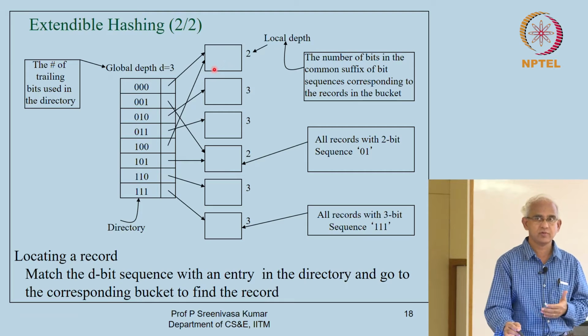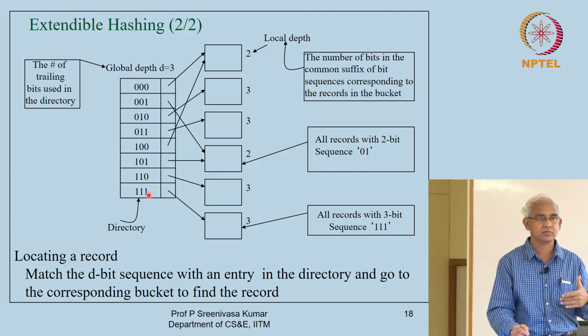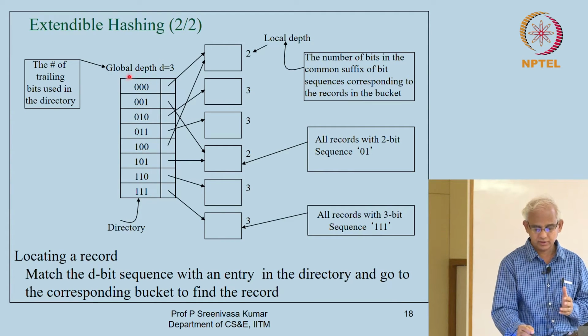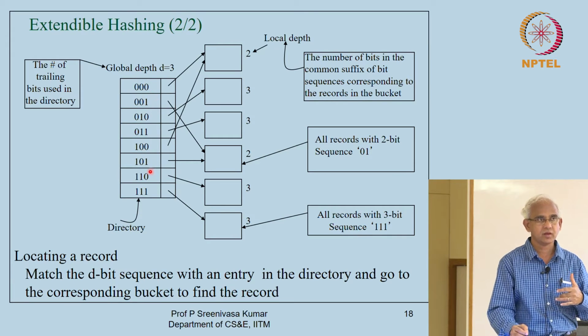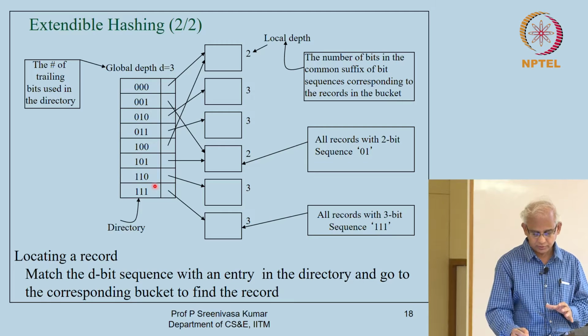At that time, this is a clever technique, what we will do is simply double the directory structure itself. We will increase the global depth by 1, and double the directory structure and then adjust the whole structure again, so that we can make use of this scheme.